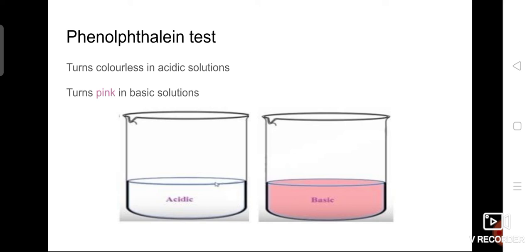What color? Pink color. I repeat, it turns colorless in acidic solution and it turns pink in basic solution. Very simple. And we can't say for neutral solution. For neutral, we have to go for the natural indicators test for confirmation.